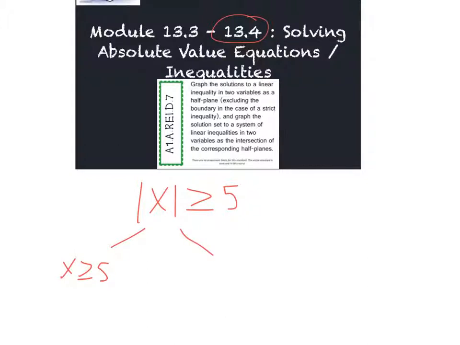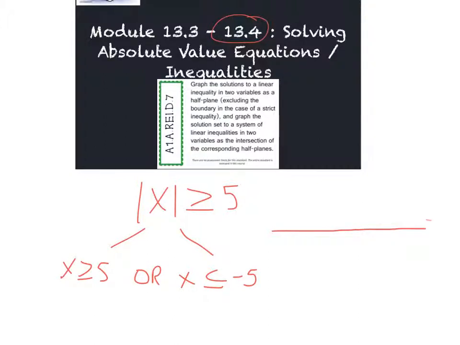So it's also true that x can be less than or equal to negative 5 as well. So these are your two possible solution sets. x is greater than or equal to 5, or, and I hope you remember that from a few months ago, compound inequalities, x is less than or equal to negative 5, right?